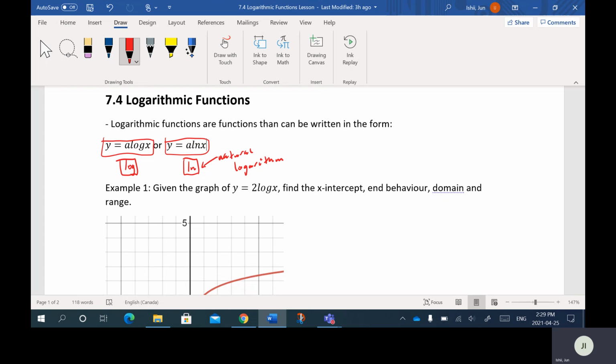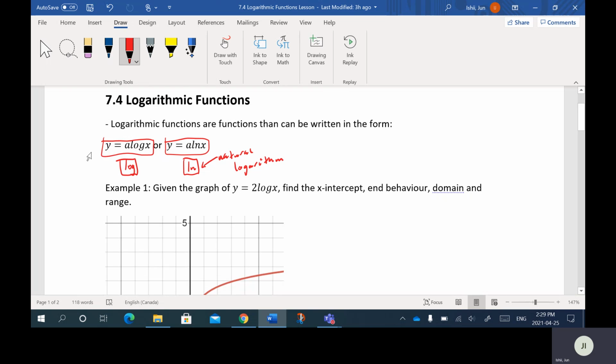Whether it's log or ln, these are two types of log functions, or actually more specifically, this natural logarithm is a specific log function. But anyways, just consider them the same.